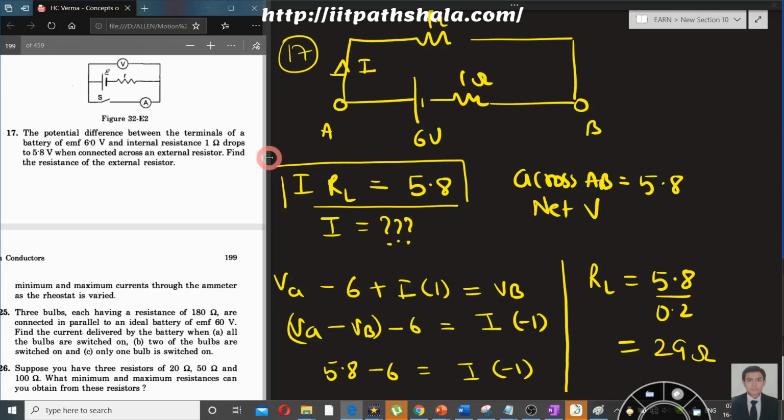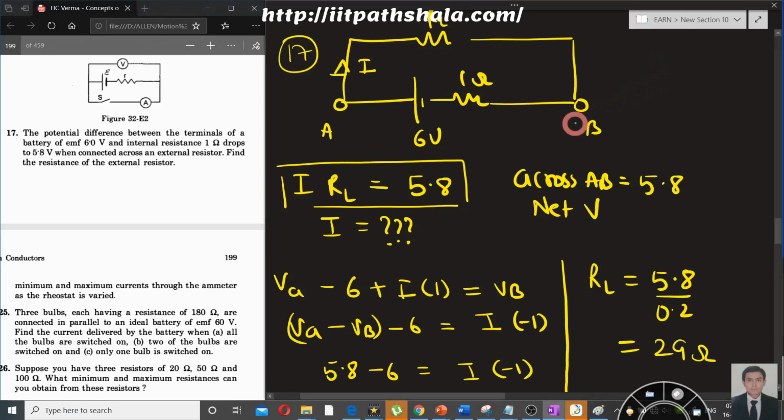Now you have to find out the external resistor when you connect to this circuit over here. Okay, so you are connecting an external resistor to this configuration of your battery, and this external resistor, instead of getting 6 volt, is getting 5.8 volt.